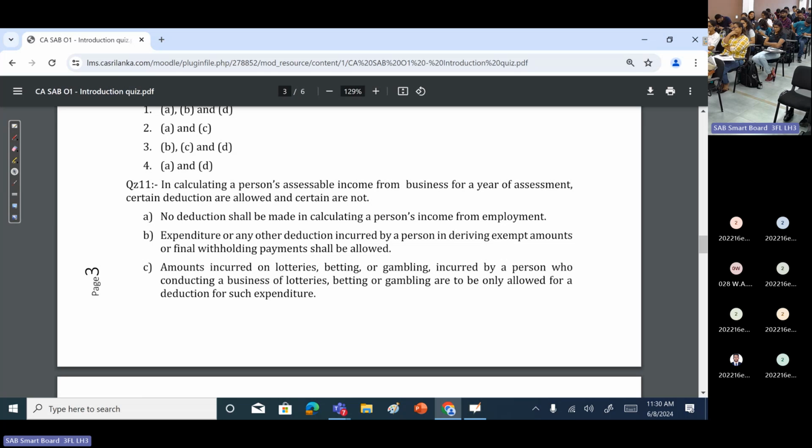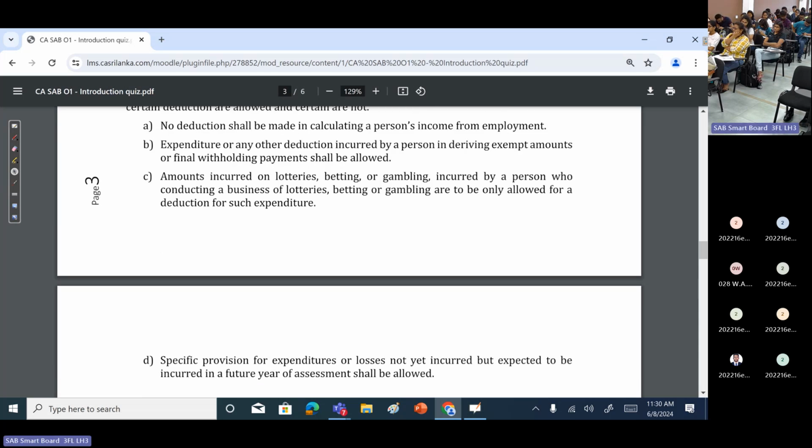Amounts incurred on lotteries, betting or gambling by a person conducting the business of lottery, betting or gambling are only allowed for a deduction for such expenditures. Specific provision for expenditure or losses not yet incurred but expected to be incurred in a future year of expense shall be allowed.